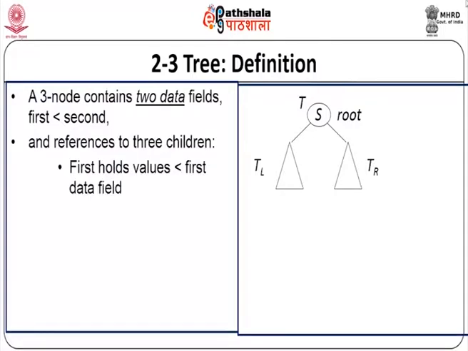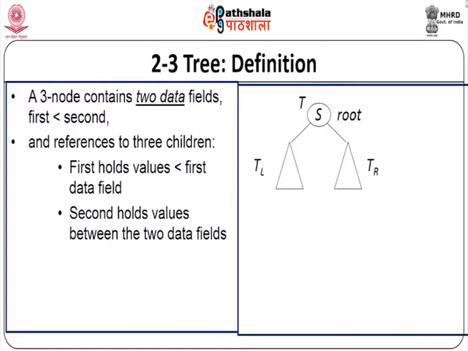Now, if you look at a 3 node, it contains 2 data fields. Look at this, it is an internal node, it has 2 data item fields. The first item is lesser than the second item, and it references 3 children. The first child, or subtree, holds values less than the first data field.